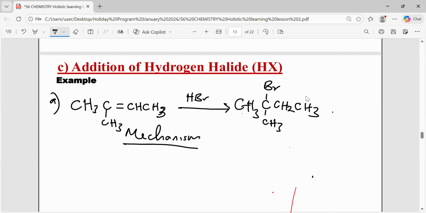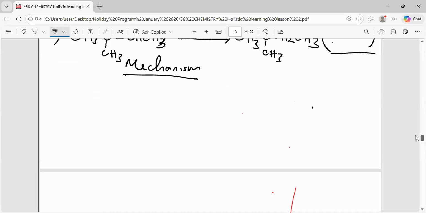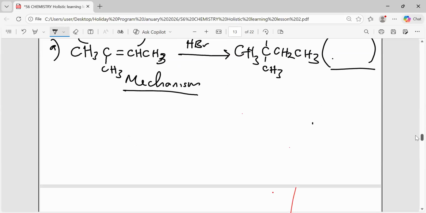Other members, you can start writing for us in the chat. Tell us the product. Which name can we give to this product? What's the name of this compound which is reacting? So I need the name of this and also the product in our chat section. Now let's move very fast. Markovnikov's. Our time is running.